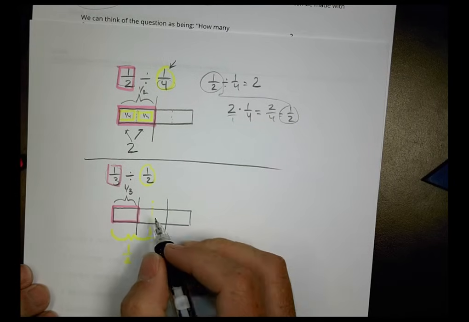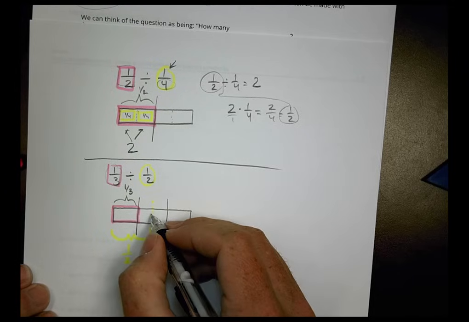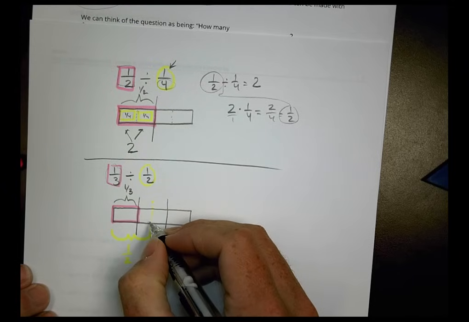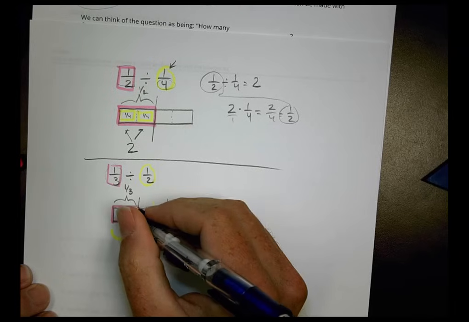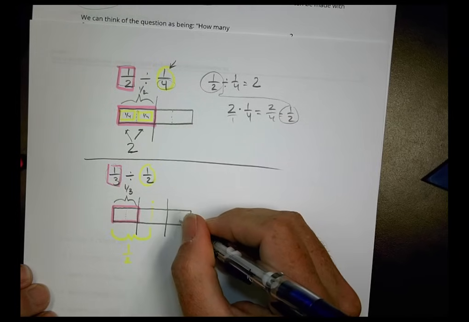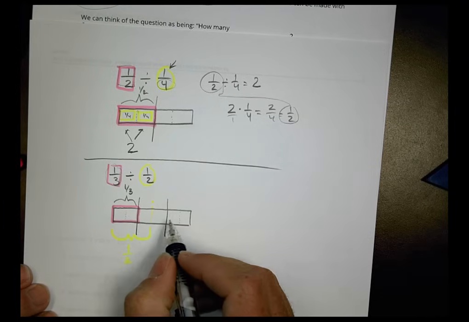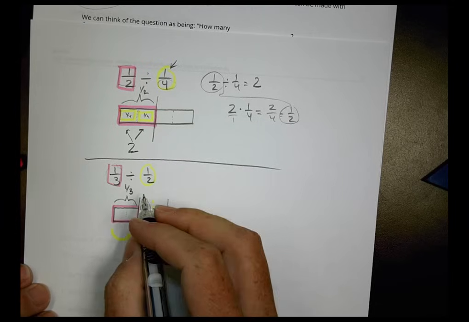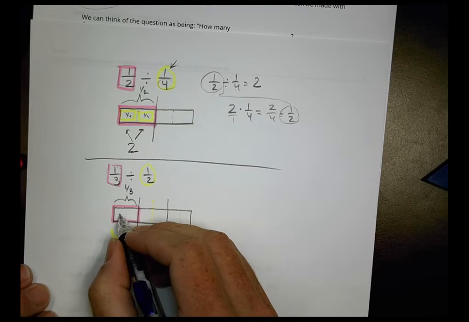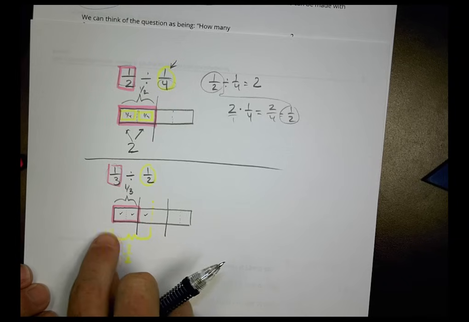Well, let's do this. Think about this real quick. If the half is dividing the third right down the middle, okay, then we could probably divide this one down the middle there, this one down the middle there, and we're dealing with those fourths again, so to speak. And what we look at here when we chop this up is we have 1, 2, 3 of these little segments inside of the half, right?